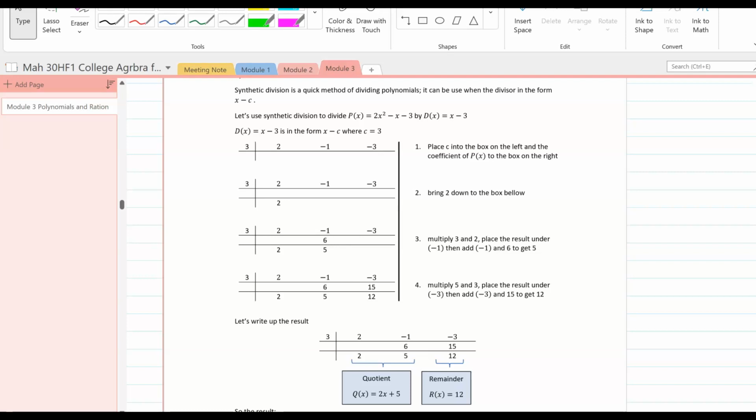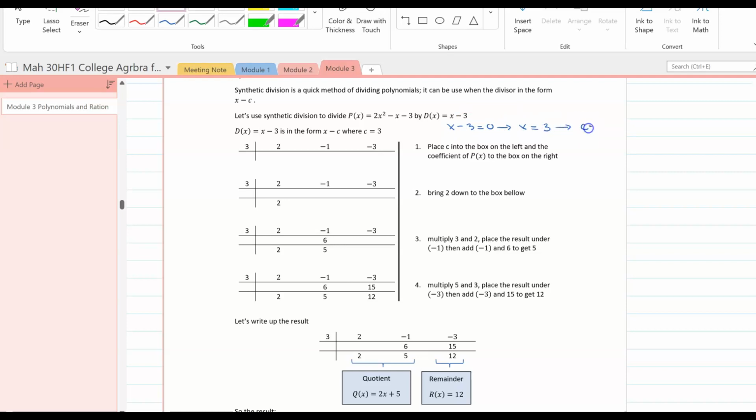So you can follow this step. You place c in the box on the left. So d of x equal to x minus 3 is in the form of x minus c, then this means c is equal to 3. Or you can find c by just letting d of x equal to 0, x minus 3 equals 0. So x equals 3.